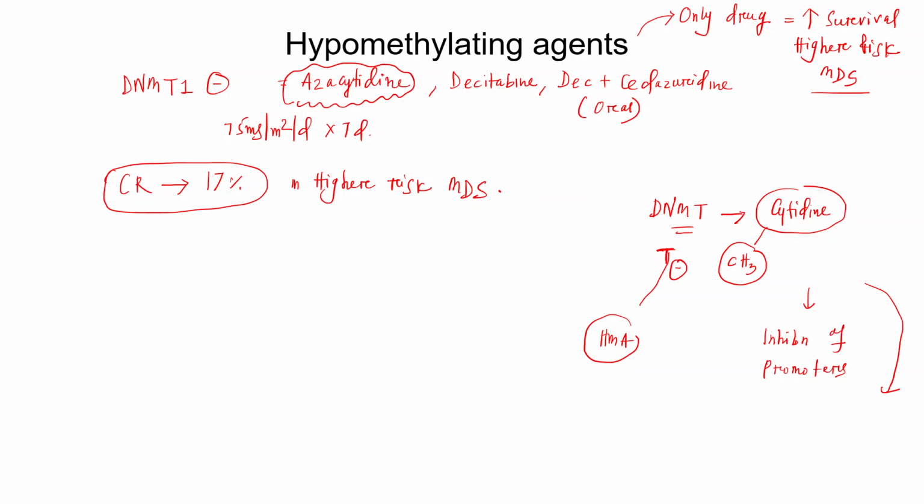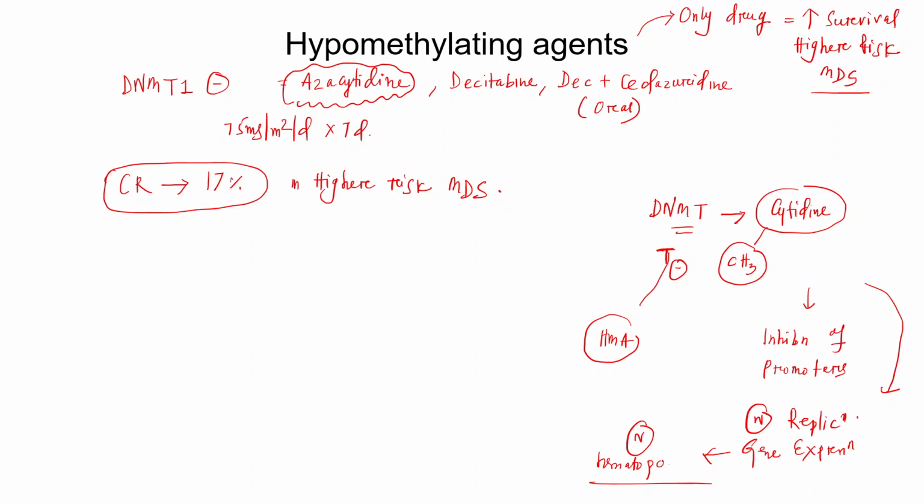It will be able to do its function, and there will be normal replication or gene expression. The gene expression is enhanced, and this will lead to normal hematopoiesis. That is the mechanism of action of hypomethylating agents.